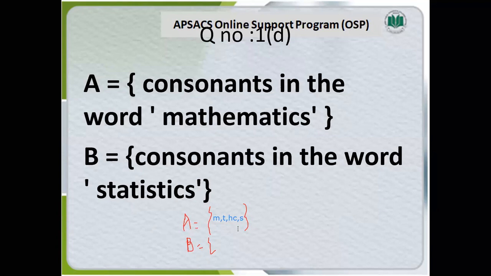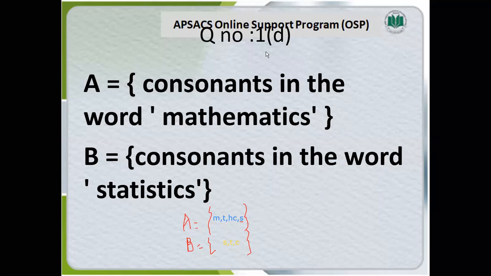The first is S. Next one is T. Next is C. Okay, good. And obviously, look here, this shows that this whole B is again a subset of A. B is also a subset of A.